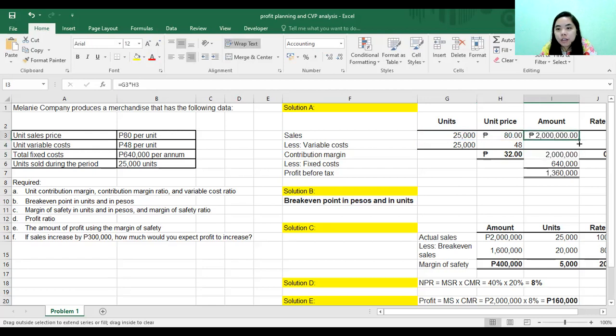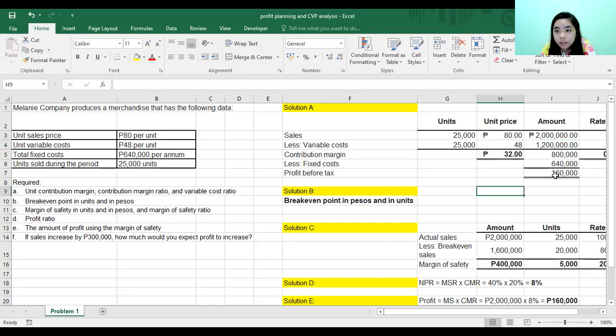So that's 2 million. Your total variable cost would be 25,000 units produced and sold times your variable cost per unit of 48, so you have a total of 1.2 million of variable cost.